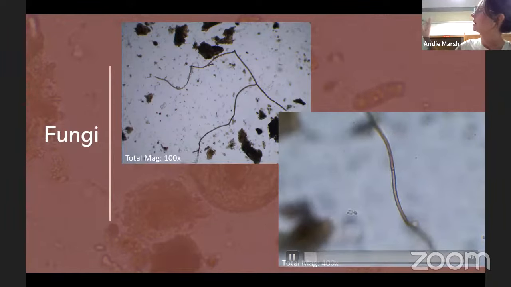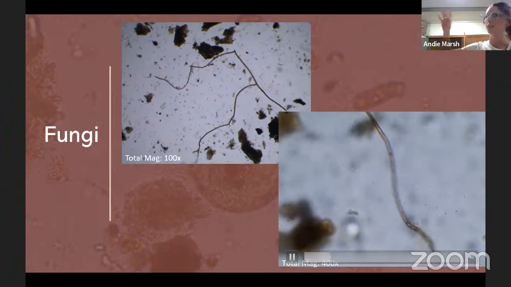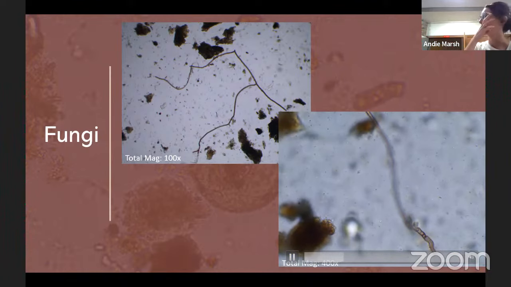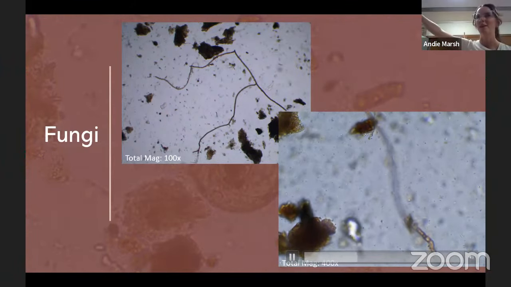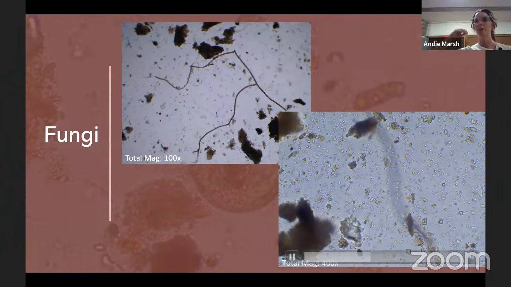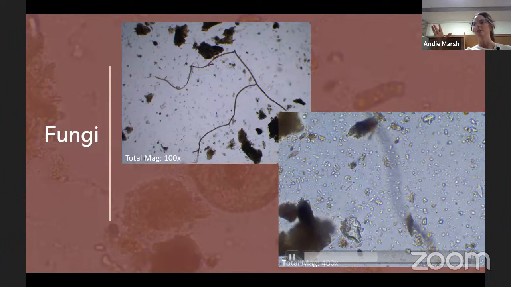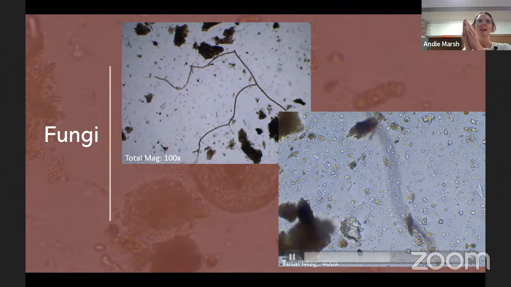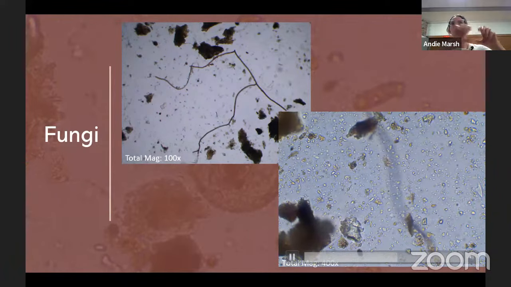The one in the top left corner is at a total magnification of 100x, so that's actually zoomed out quite a bit. We do most of our observations at 400 times magnification. That's a very thick piece of fungal hypha. If you're familiar with the term, mycelium is a bunch of fungal hyphae put together. I think of it as a bunch of cables in a conduit.